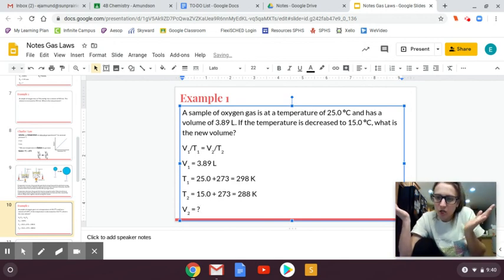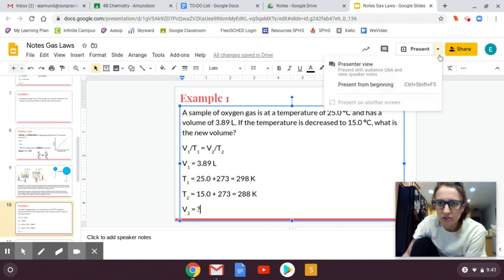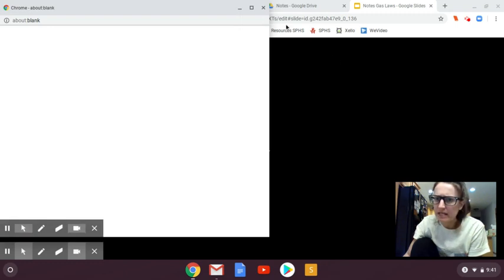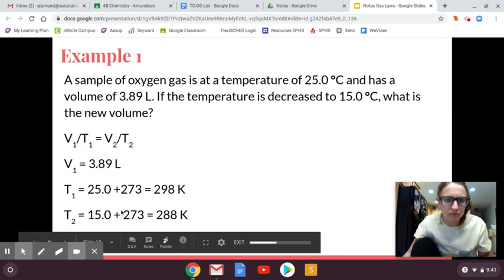So V2 is my question mark, or my X if you want to plug in X into an equation instead. This one I'm actually going to try to use the marker and write this out because I feel like we will make a mistake cross multiplying otherwise. Okay, so bear with me because it might be a little sloppy.